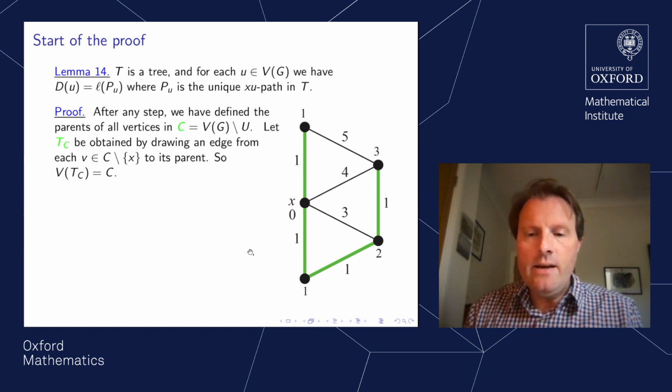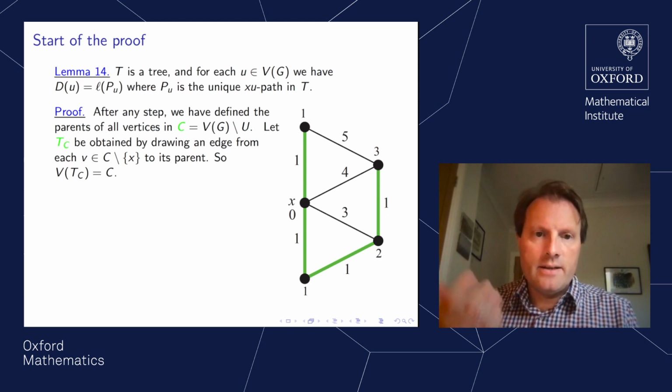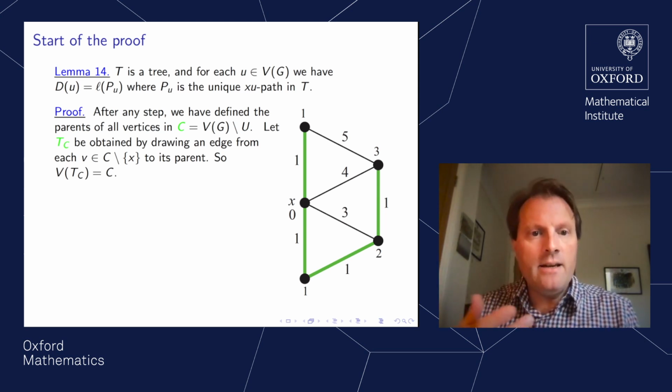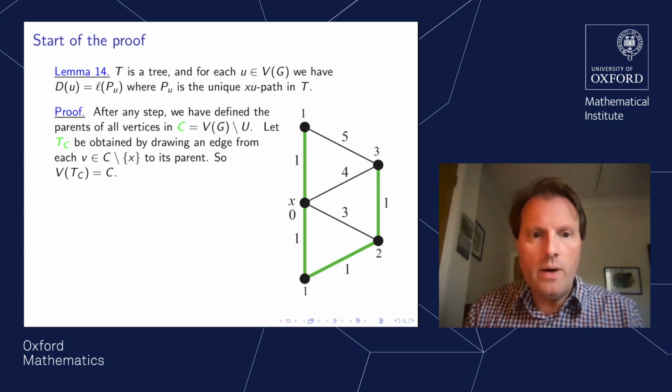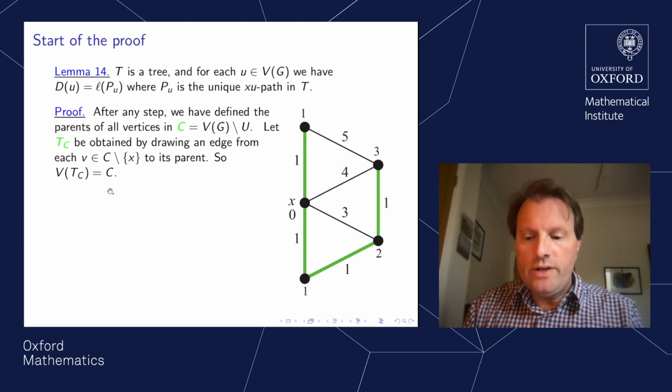So you can see that what we're doing is we're gradually building T. We're just adding in the edges of T one by one, and at any given stage, we've got this graph TC.